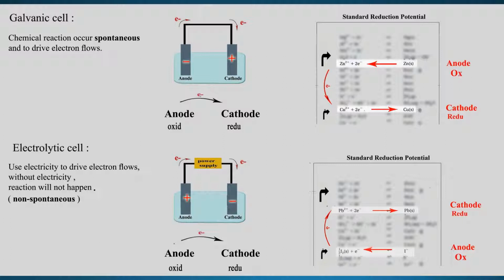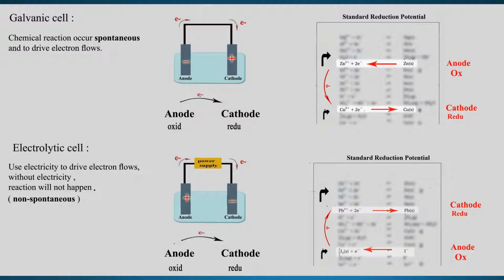You need outside power to drive it up. So in summary, in a galvanic cell, the anode flows down to the cathode. In an electrolytic cell, the anode flows up to the cathode.